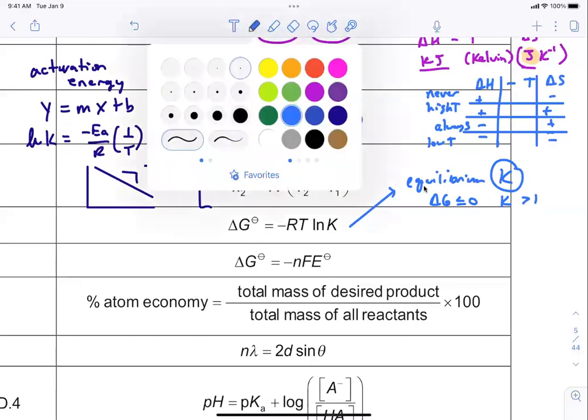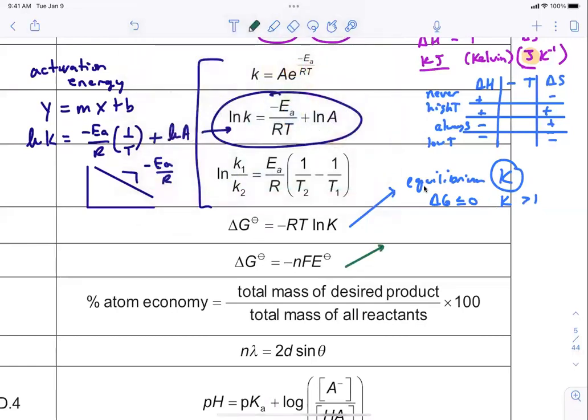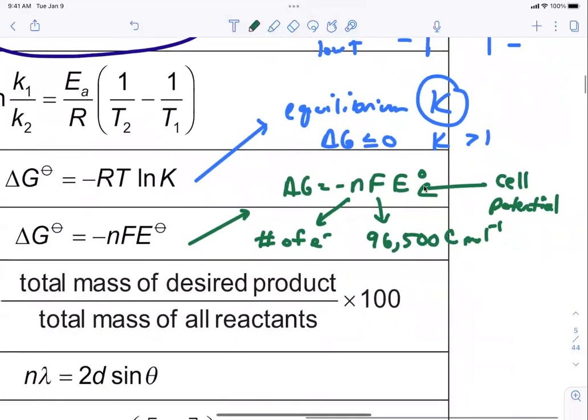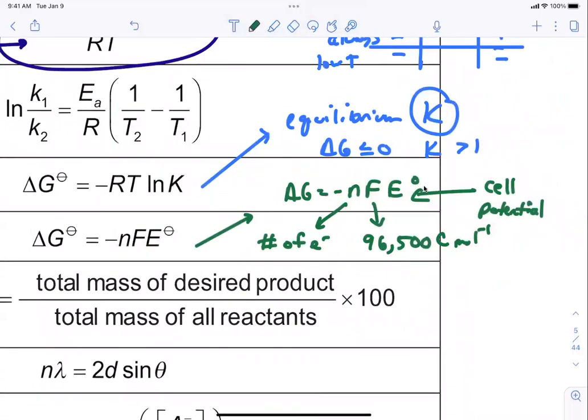And they also make you do it relative to cell potential in topic 19, because delta G is equal to negative NFE. Remember, N is number of electrons, F is 96,500 coulombs per mole, and E is your cell potential. So you want E to be greater than 0 so that your delta G is less than 0.